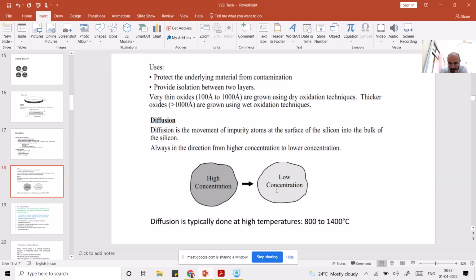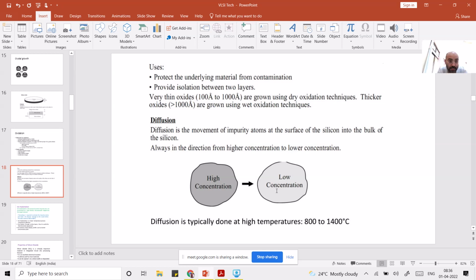The penetration quality depends upon the concentration of the dopant which you are using, and it also depends upon the temperature. Apart from that, it also depends upon the size of the dopant. Suppose the atomic size of silicon is something, and if you are doping it with a material which has a very high atomic size compared to silicon, then once it gets inserted, it will create a lot of stress in the crystal.